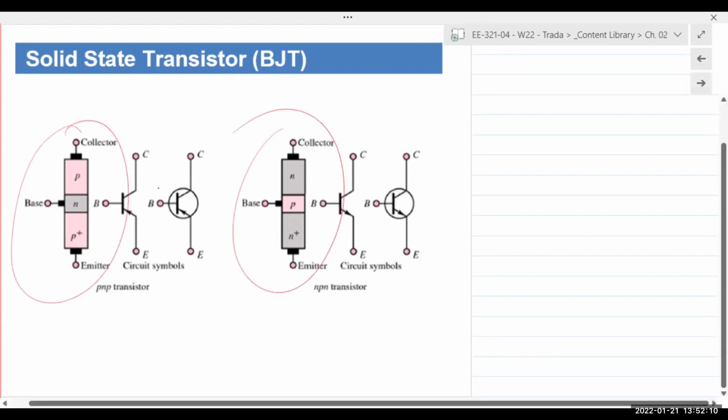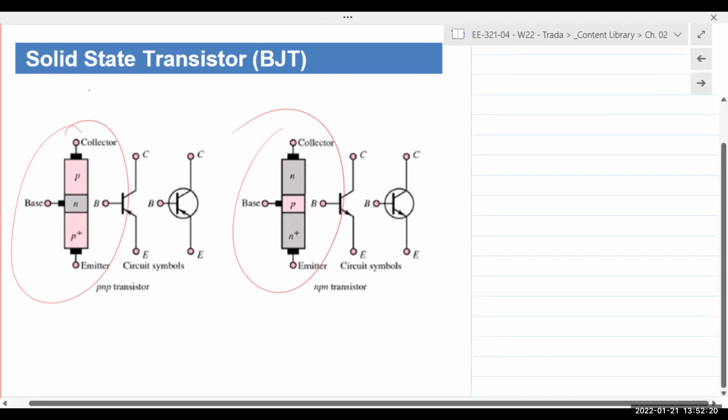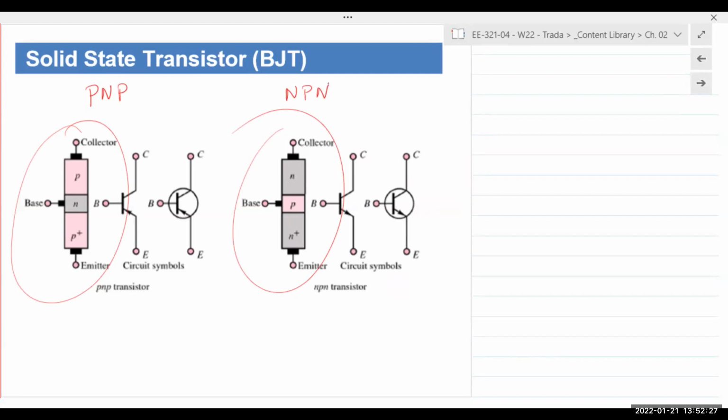Two PN junctions, meaning there are 3 layers. And depending on the configuration of those layers, you have a PNP or an NPN transistor.